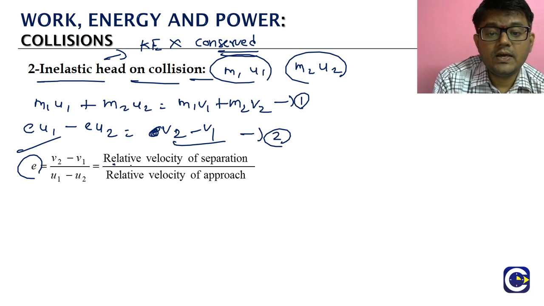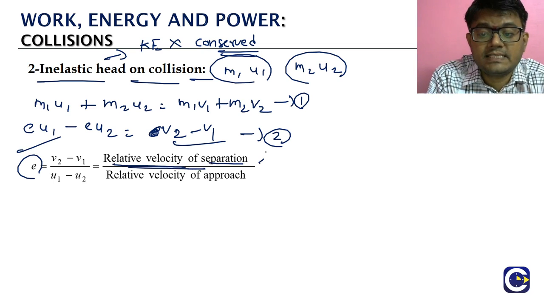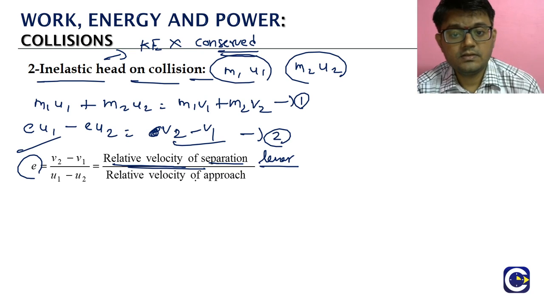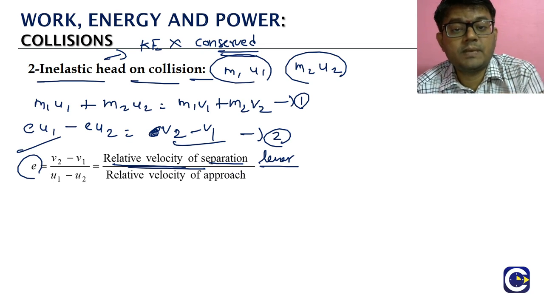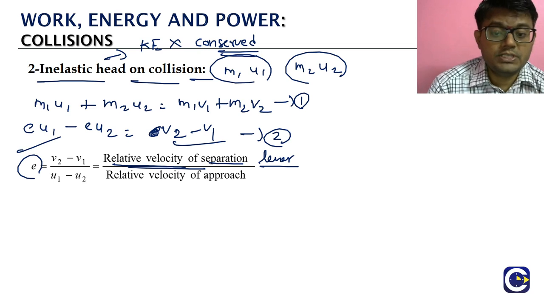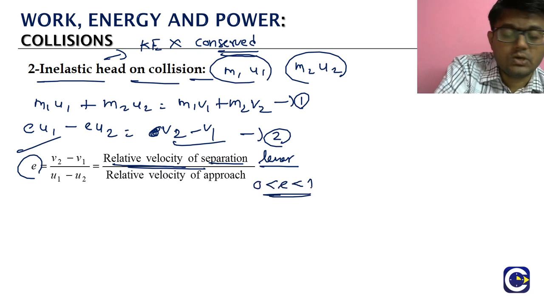The numerator value, relative velocity of separation after the collision, will be lesser in comparison to the denominator. And the E value நம்ம less than 1 சொன்னா, the relative velocity of separation after the collision will be lesser than relative velocity of approach before the collision. Okay va? So இது நீங்க ஞாபகம் வச்சுக்கோங்க. E oda value will be between 0 to 1.